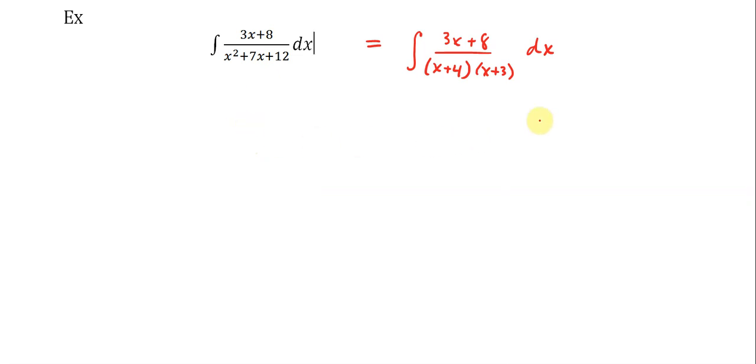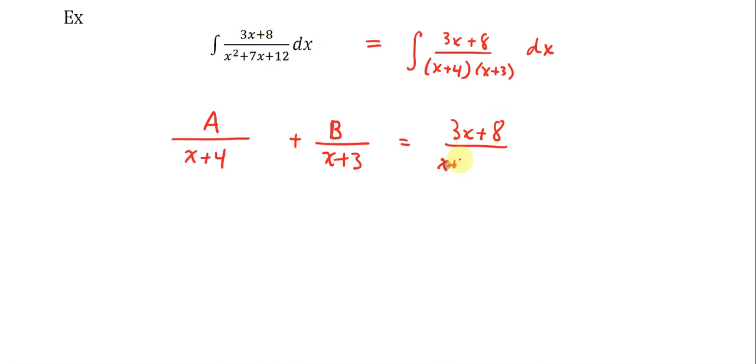Let's solve and figure out what is the decomposition of this entire fraction. So it's some mysterious expression A over x plus 4 plus some mysterious expression B over x plus 3 is equal to 3x plus 8 over (x plus 4) times (x plus 3).